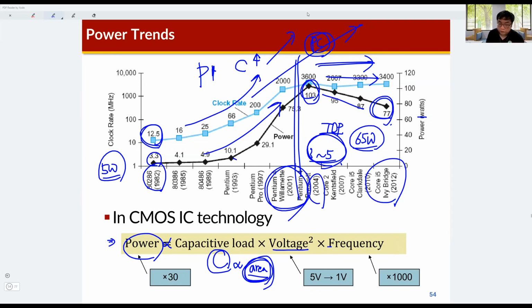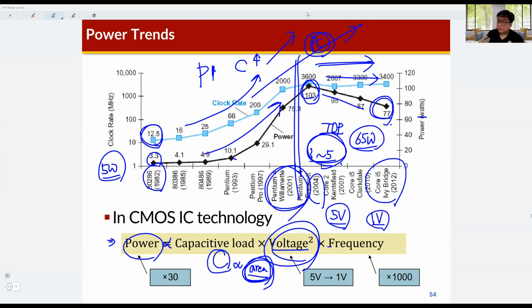So if we use a larger chip, this capacitive load increases. And how about the voltage? In the past, we used 5 volts for the supply voltage of the CPU, but recently we use 1 volt.